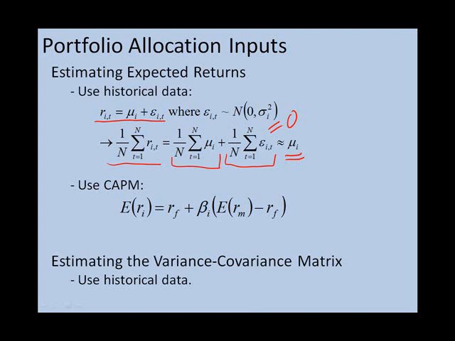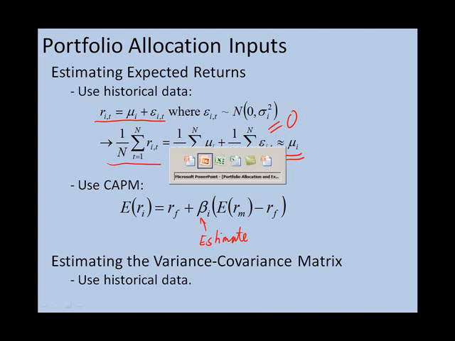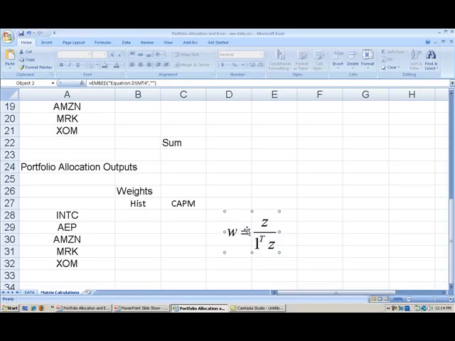And we could estimate betas using a regression and calculate the expected returns based on the CAPM. To estimate the variance-covariance matrix, we'll use historical data. Those are the inputs that we'll need to implement portfolio theory in reality. Now let's shift to Excel to do this.